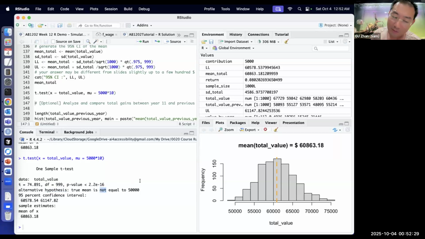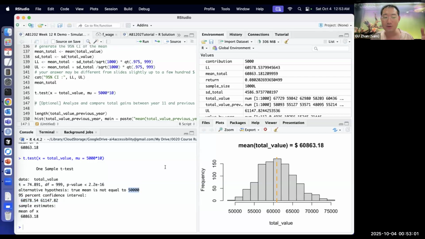So you actually make a profit, and the confidence interval for your total market value is at least 60,579, which is higher than 50,000. So the 50,000 is not within the confidence interval.